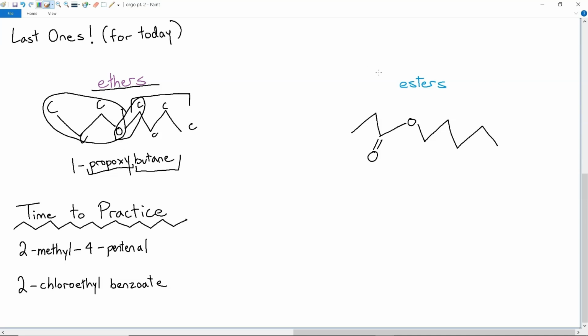Okay, just one more to go. We have an ester. And the special thing about esters is they are actually created when we have an alcohol and a carboxylic acid joined together.